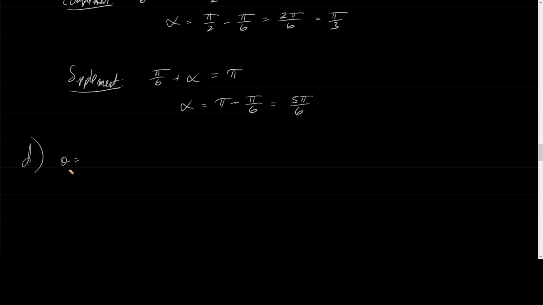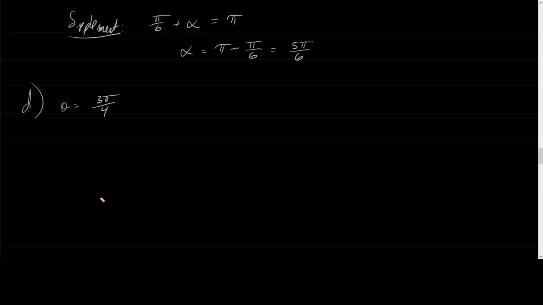Let's say that I have 3 pi over 4. All right. So let's find the complement. So by definition, the way that we did it just now was we take our angle and we say that plus some other angle is supposed to be equal to pi over 2.